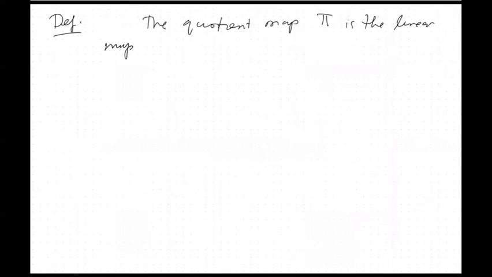The quotient map pi is the linear map that takes an element from V and results in V mod U. It is defined by pi of v is equal to v plus U, for all v in the vector space.